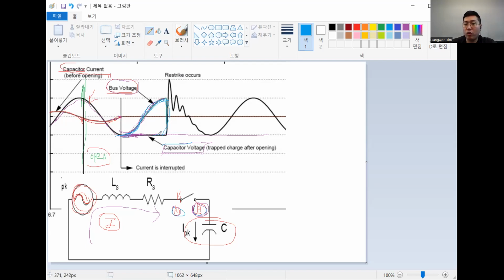So it could cause insulation damage or dielectric damage.